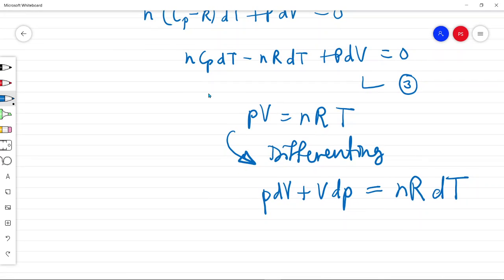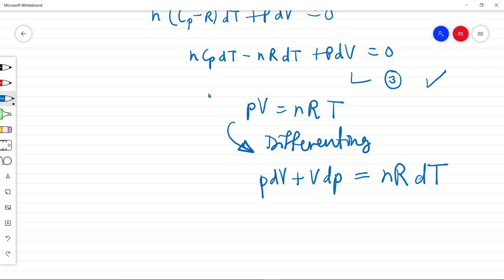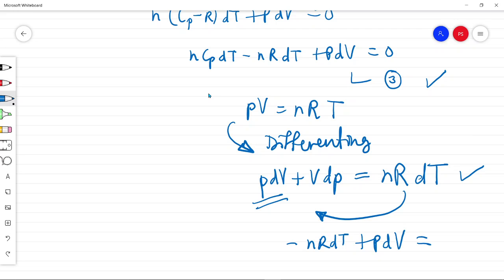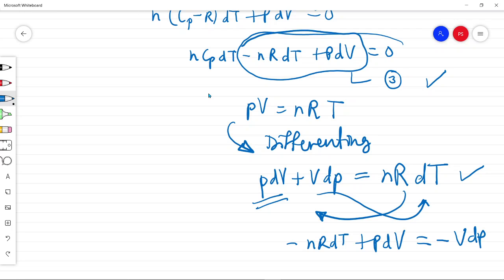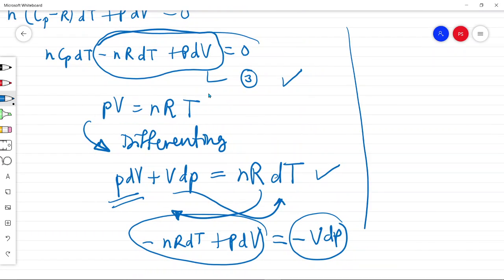So if we look at equation 3 and this particular equation, we see that this term shifted to the left hand side gives us minus nR dT plus PdV, which is equal to minus VdP when shifted to the right hand side. So we write it as nCp dT minus VdP is equal to 0.